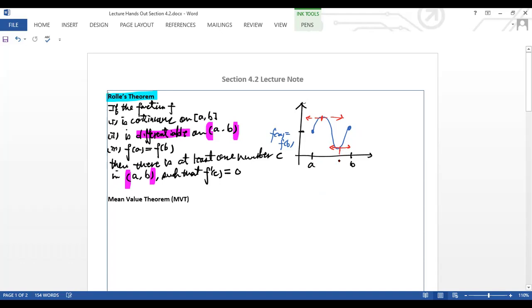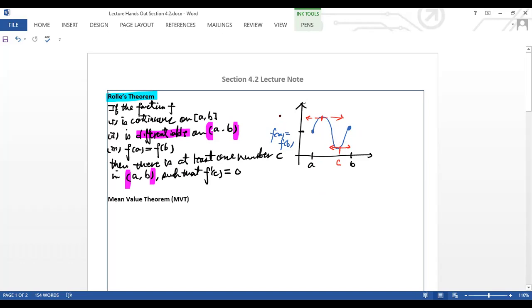This is my c. That's what Rolle's Theorem tells you. If f(a) equals f(b), and the function is continuous and differentiable, it has to make a smooth turn, and that's why you can find at least one.